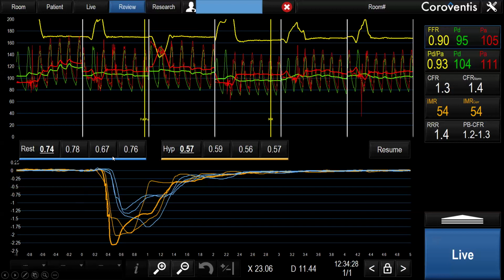In standard conditions, the patient is lying on the table and we perform the first measurements, giving saline into the coronary artery very quickly. We would like to have 3 similar curves during this measurement, and these 3 measurements are analyzed in the next step.